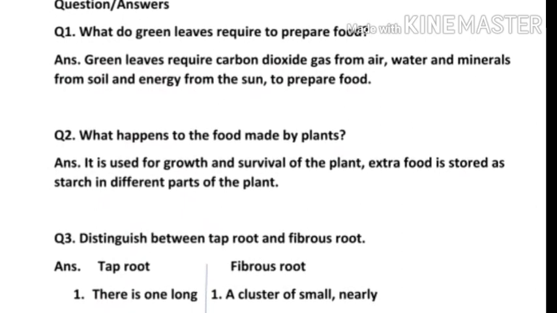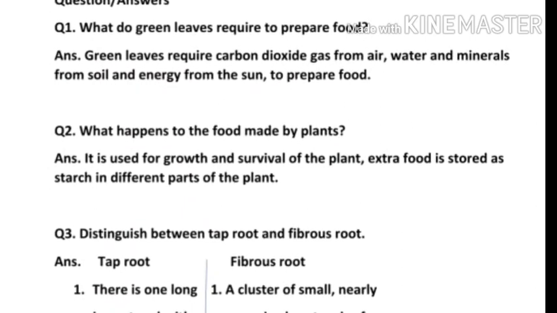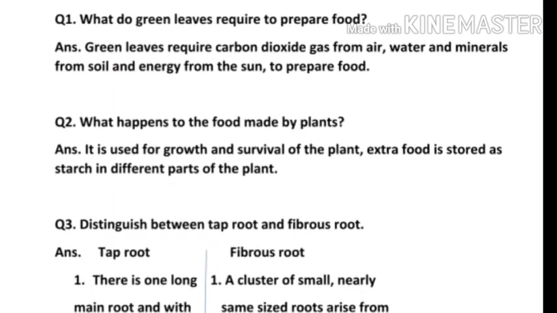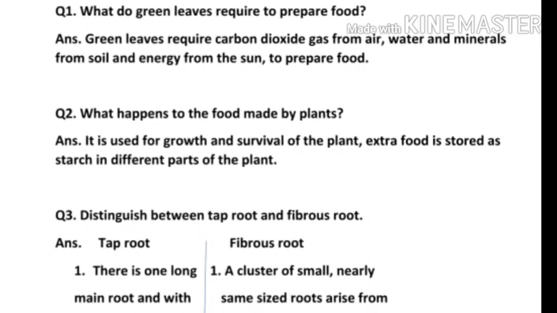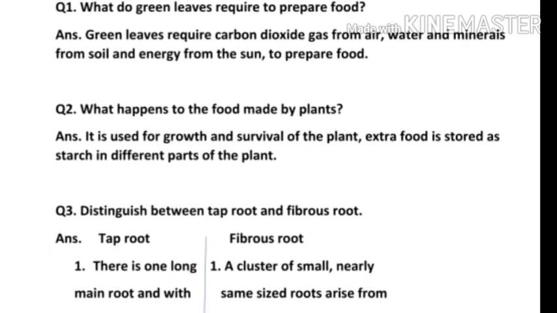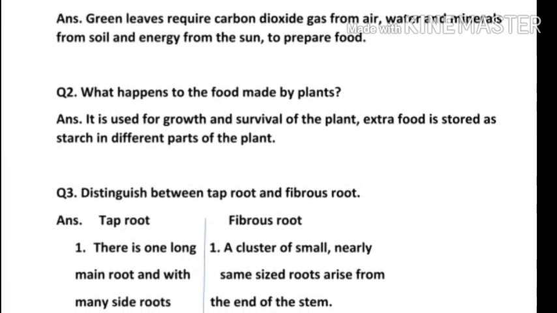Next question is, what happens to the food made by plants? Answer is, it is used for growth and survival of the plant, and extra food is stored as starch in different parts of the plant.